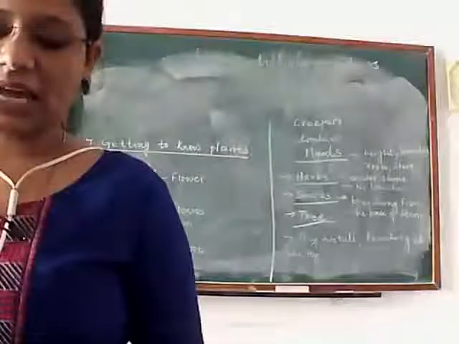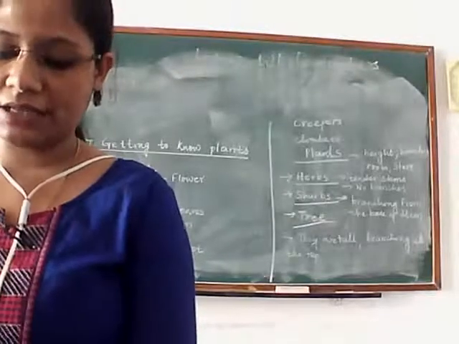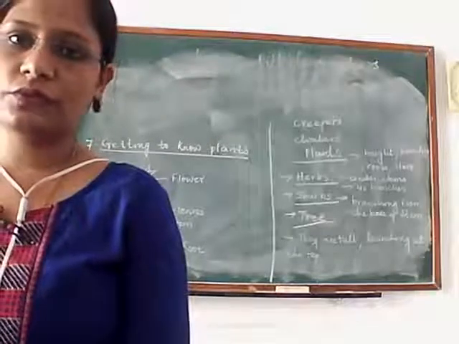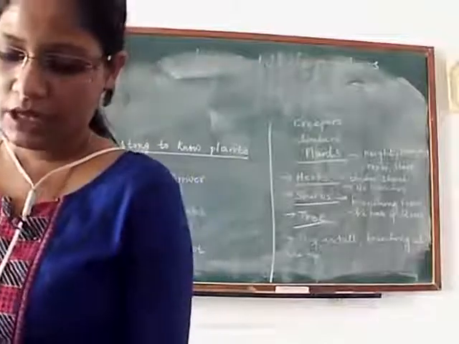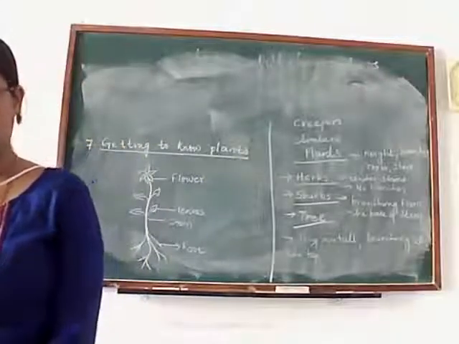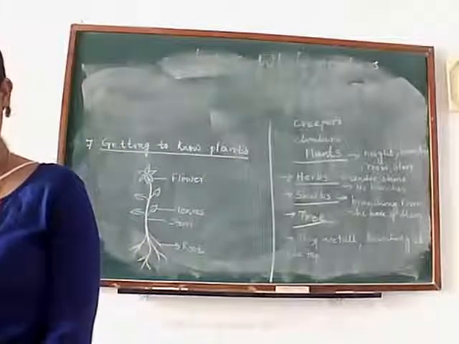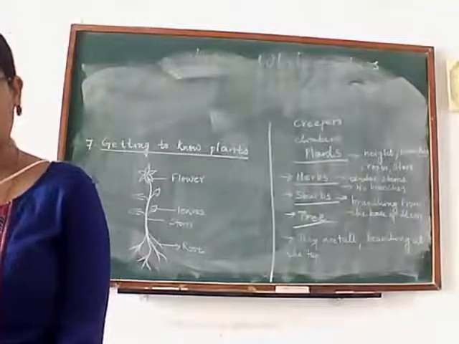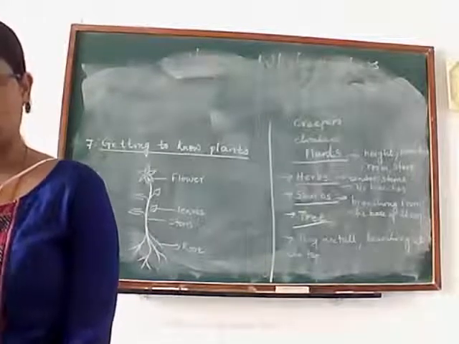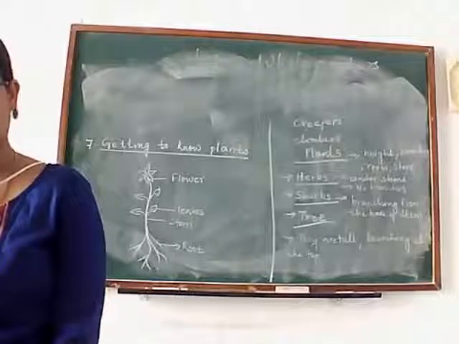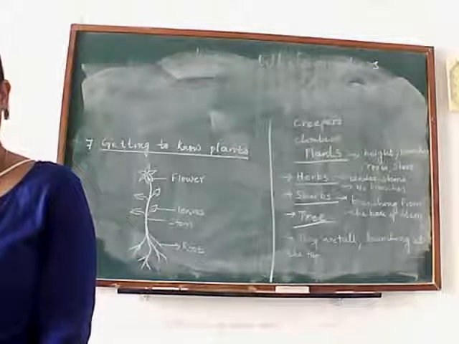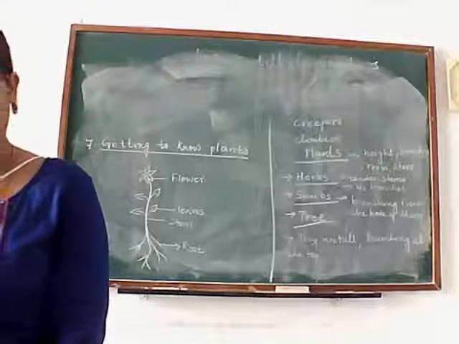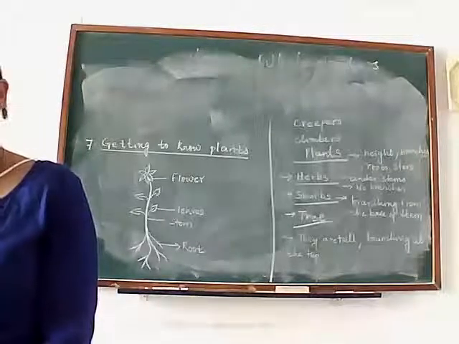Demonstrate an activity to show that stem conducts water. We would require a glass, water, red ink, a herb and a blade for this activity. We pour water to fill one-third of the glass and then add a few drops of red ink to the water. Then we cut the base of the stem of the herb and put it in the glass.